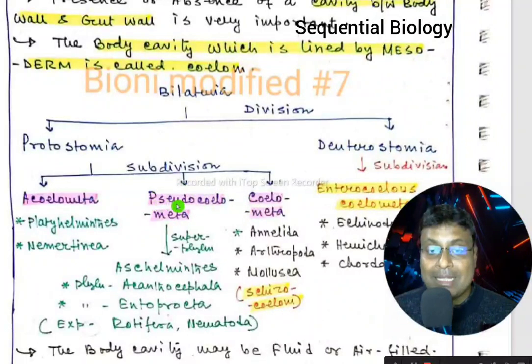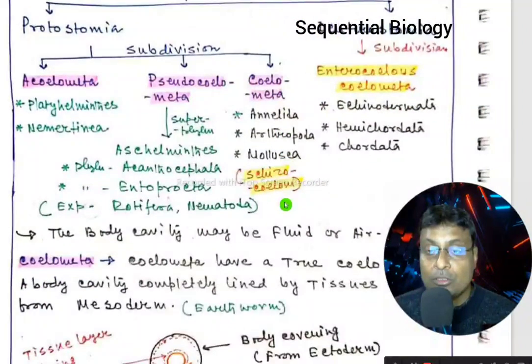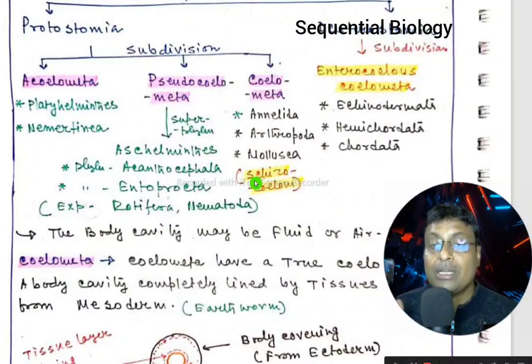We have seen what pseudocoelom and true coelom are. And the true coelom is usually of two types, enterocoelic and schizocoelic. Schizocoelic coelom develops due to splitting of a solid mass of mesoderm, and enterocoelic coelom develops due to outpocketing of the primitive gut or archenteron.